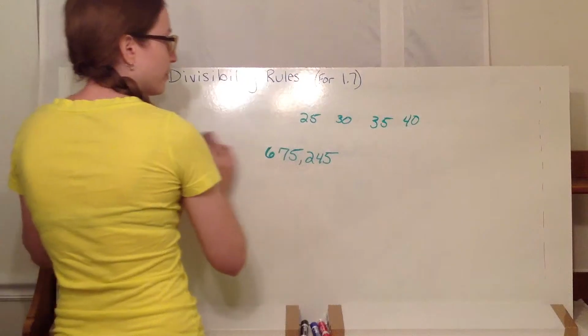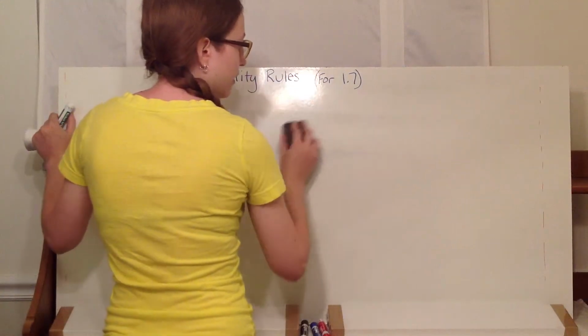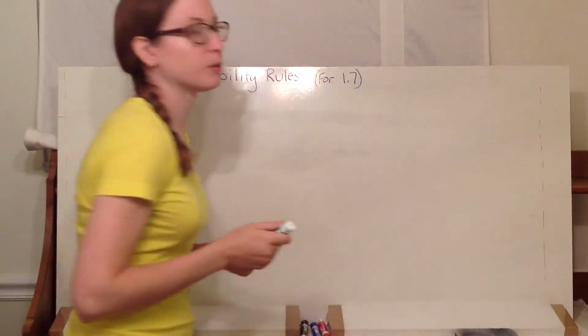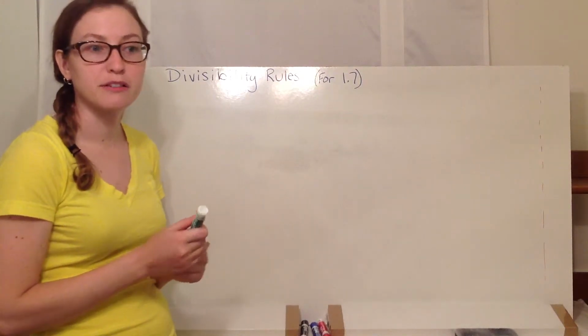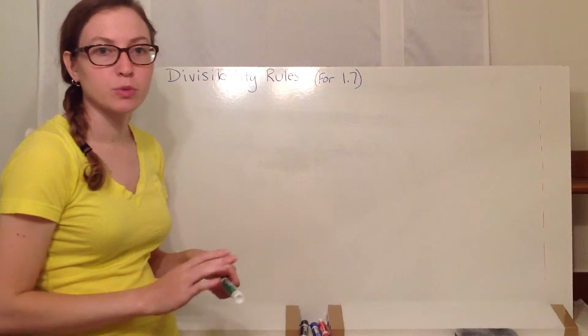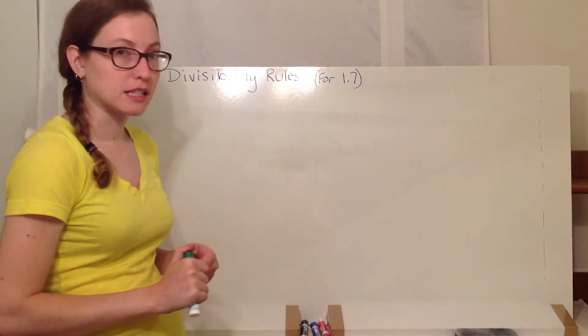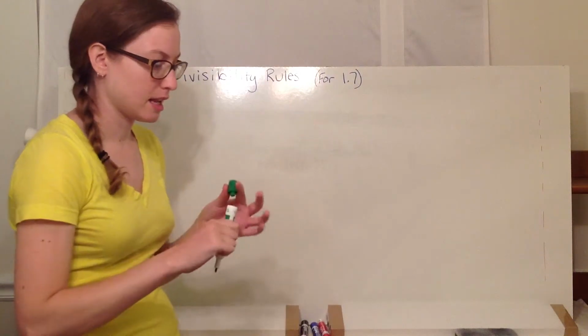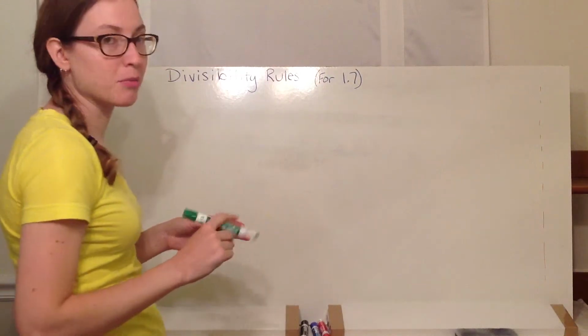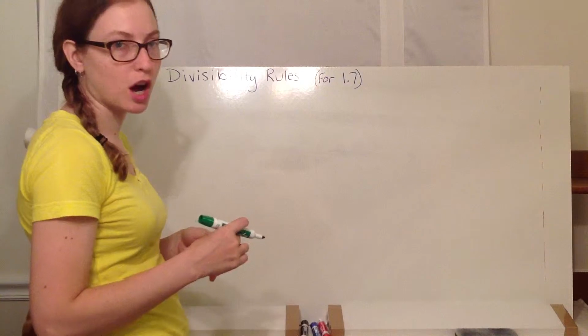One more to go. And our last divisibility rule is for the number 6. 6 is a little bit different as well. It's not visual, but it's not all that difficult. The reason 6 is not that difficult is because it builds on 2 of the rules we've already talked about.